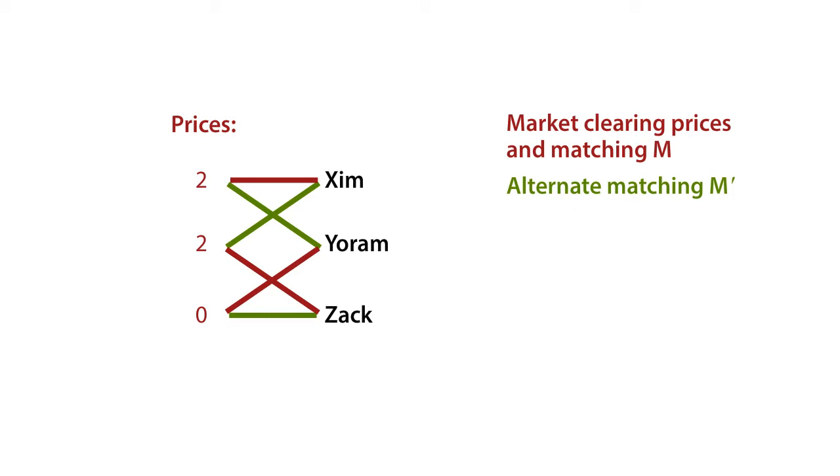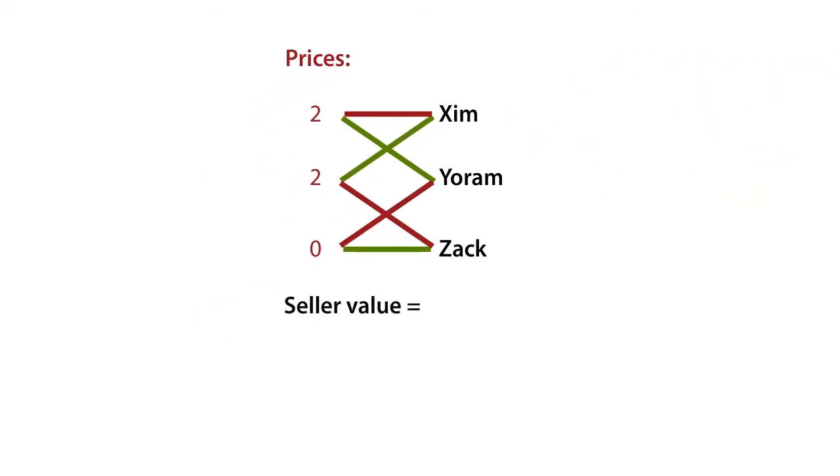So the total value of the sellers is indeed the sum of all the prices. The buyers' values are harder to think about because in different matchings, buyers get different items, and they have different net values for each of the items they get.